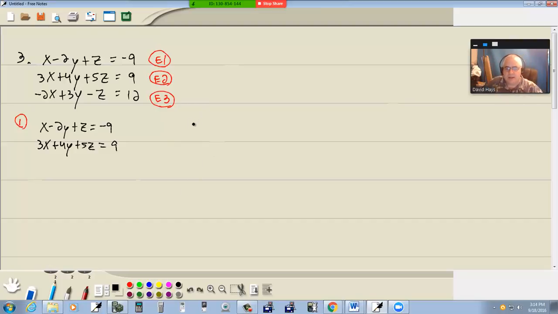And we'll group E2 and E3 together. So we'll have 3x plus 4y plus 5z equals 9, and we'll have -2x plus 3y minus z is equal to 12.